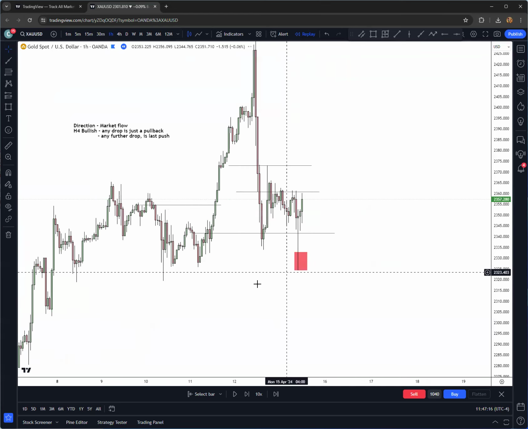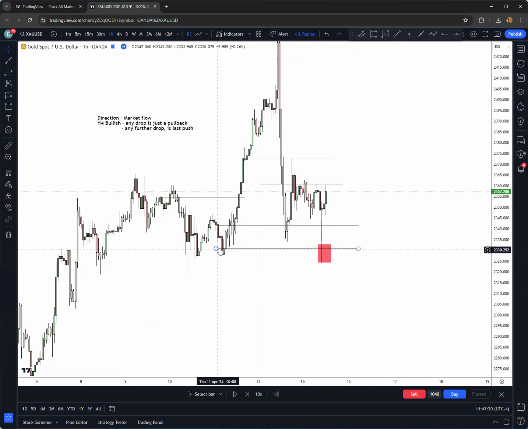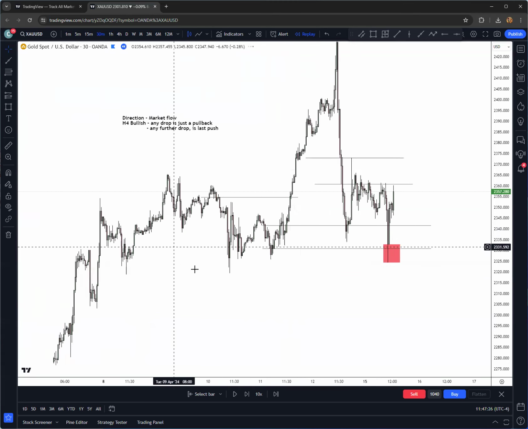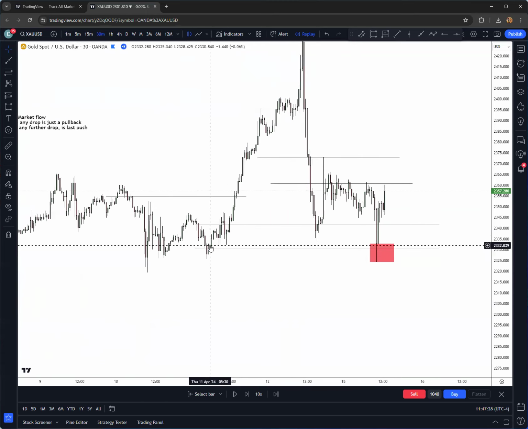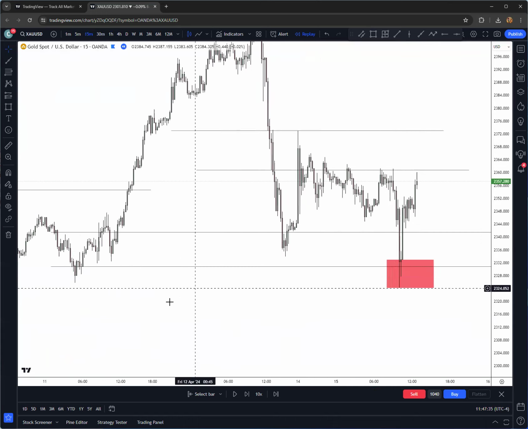So if I go to H1, the refinement level would be at this area here on H1, because you could see this green candle push up, closing above that. And if I go to M30, M30 is showing that it's here, so it can't be M30. And go to M15.